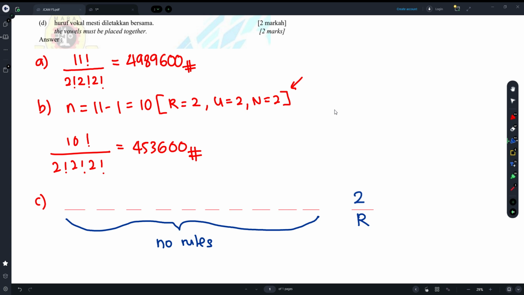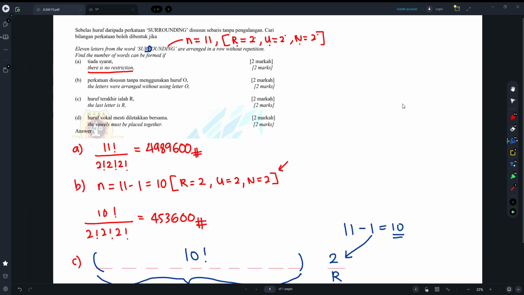From the 11 letters, we already put one letter here. We have a balance of 10. So the 10 letters can come and sit in these 10 positions. It is going to be 10 factorial, because the 10 letters can just sit here without any particular issue. So it is going to be 10 factorial multiplied by 2. The 2 is coming from here.